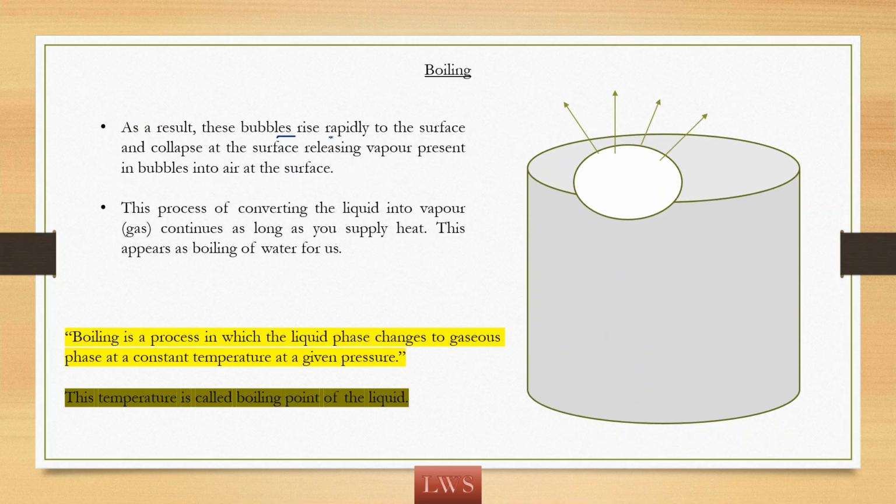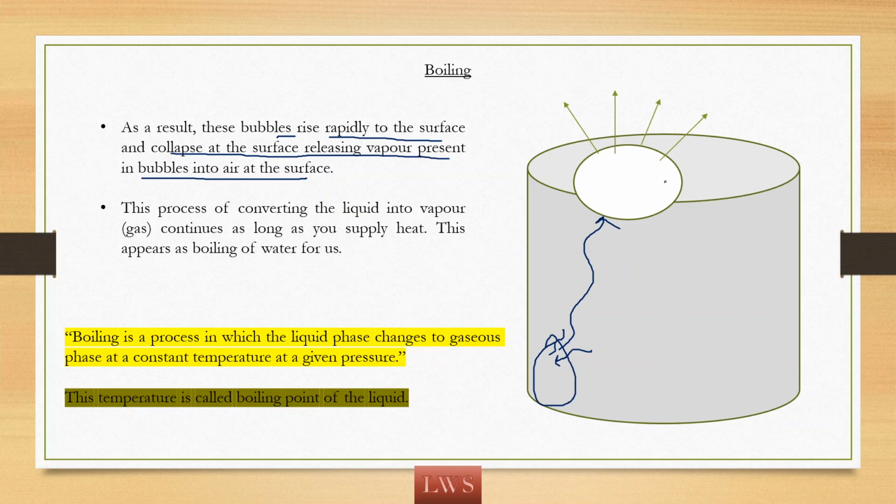The bubble rises rapidly to the surface and collapses at the surface, releasing the vapor present in the bubble into the air. Initially the bubble is at the bottom, and as the pressure increases, when the pressure inside this bubble equals the pressure outside the bubble, then this bubble rises to the surface of the water, and at the surface this bubble will collapse.